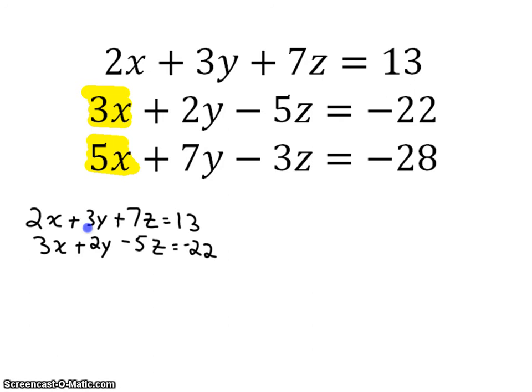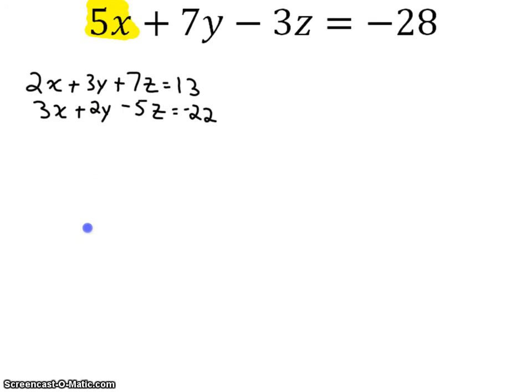Okay, like I said, ideally, the one equation that you would use both times, if you have an x by itself, that's the equation you want to use. Okay, so I don't have that. So what I need to do is I need to multiply both equations by some number. It looks like I want to get -6 and +6. So I'll multiply this equation by -3 and then this equation by 2.